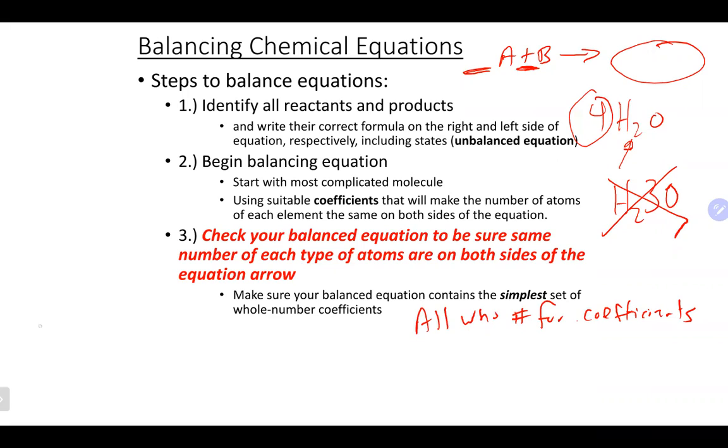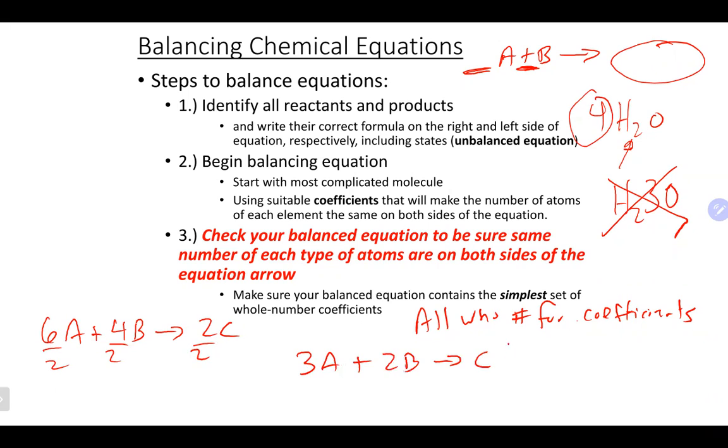So for example, let's just say we had 6A + 4B gives me 2C, and we'll just say that was a balanced equation. When we look at all these coefficients, although it is technically balanced, we go through and basically divide everybody by 2 and reduce it down. And you should do that, and you would get 3A + 2B gives us C in this case.